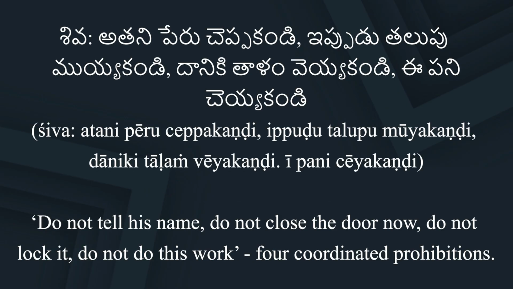Shiva says, అతని పేరు చెప్పకండి, ఇప్పుడు తలుపు ముయ్యకండి, దానికి తాళం వెయ్యకండి, ఈ పని చేయకండి. Do not tell him name, do not close the door now, do not lock it, do not do this work. Four coordinated prohibitions. See the morphological paradigm, verb, polite negative imperative, gloss.